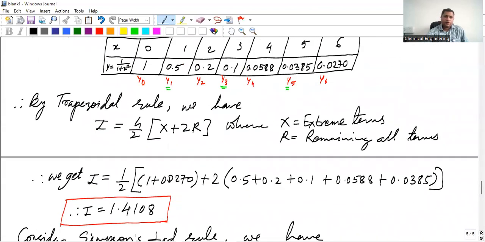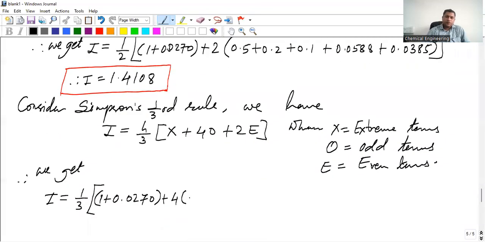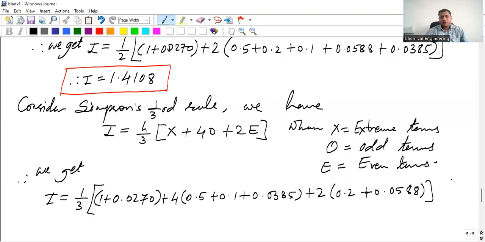What are the odd terms? 0.5, 0.1, and 0.0385. Plus 2 times the even terms, so it is going to be 0.2 plus 0.0588.